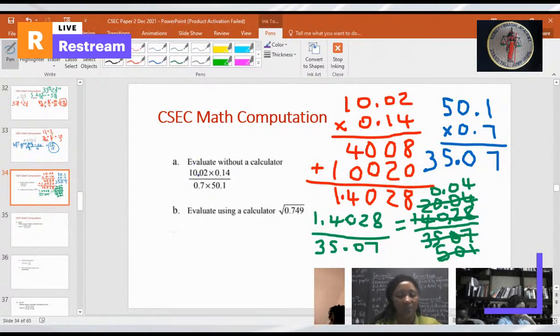So the 10.02 would have been what as a fraction? 10 and 2 over 100. And then the 0.14 would be what? 14 over 100.